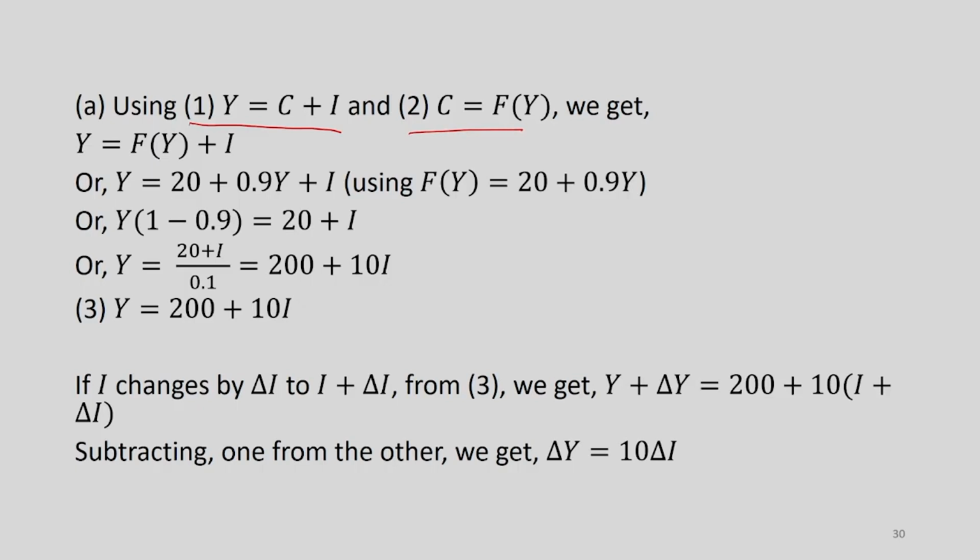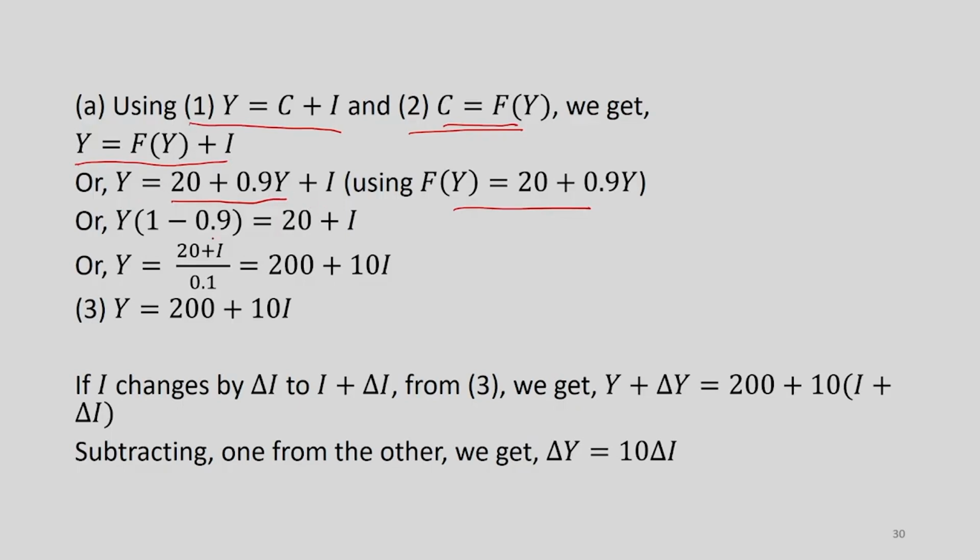If we combine them, I substitute c is equal to f(y) in the first equation, and I get y is equal to f of y plus I. And I have been given the form of f of y, it is 20 plus 0.9 y. I am using that. And now I can express y as a function of I.